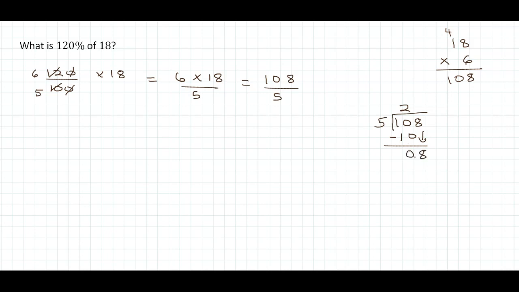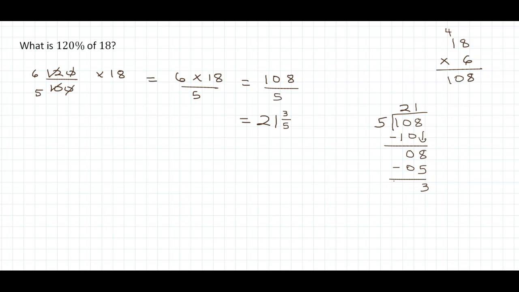We bring down the 8. 8 divided by 5, we have one group of 5 in 8. 1 multiplied by 5, we have 5. 8 minus 5 is 3. So this is also the same as 21 groups of 5 in 108. There's a group of 3 that is incomplete, and then the denominator is 5.